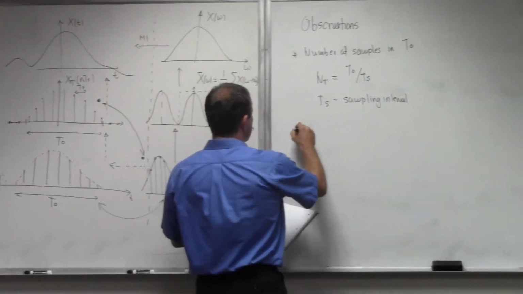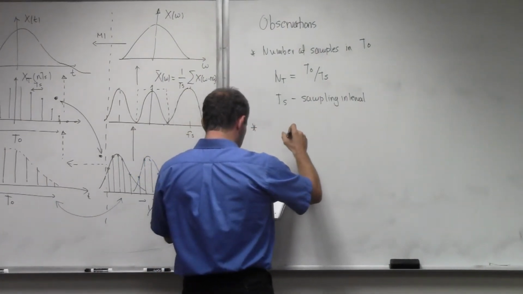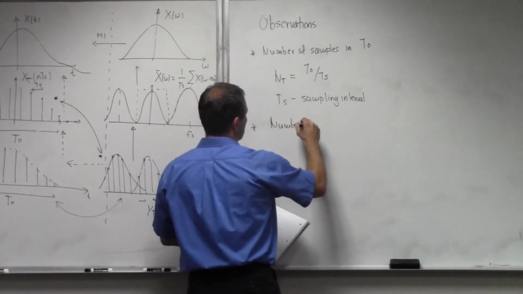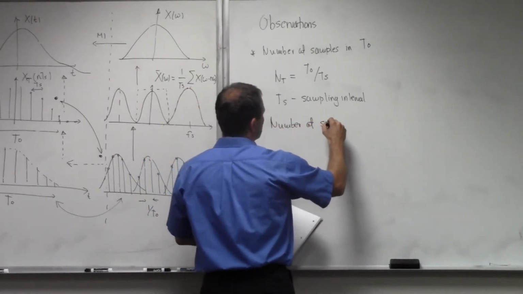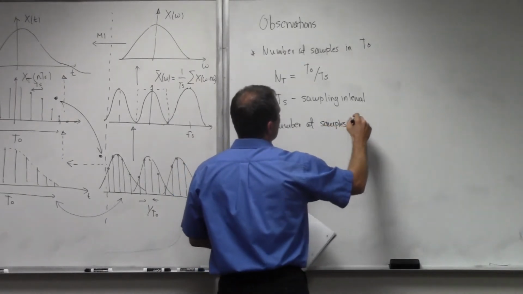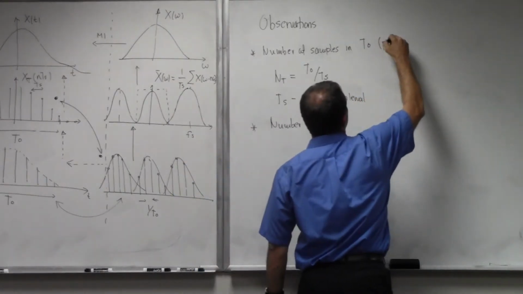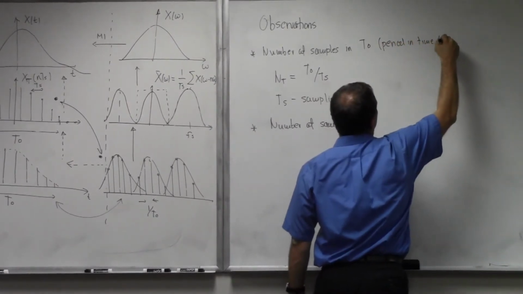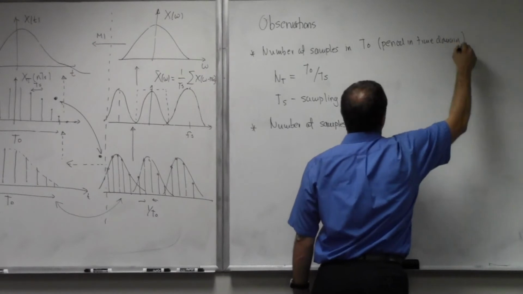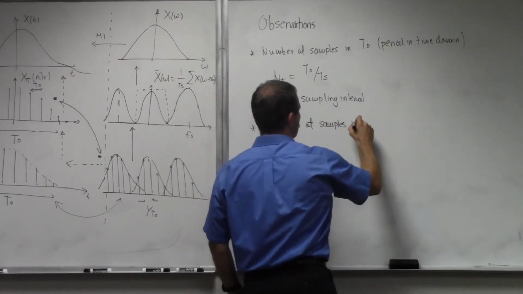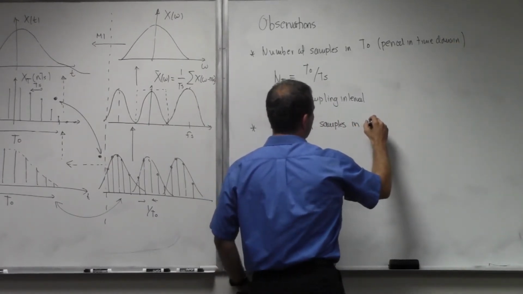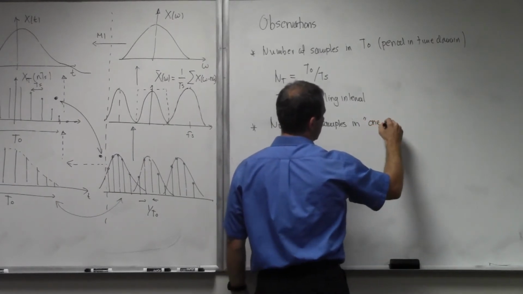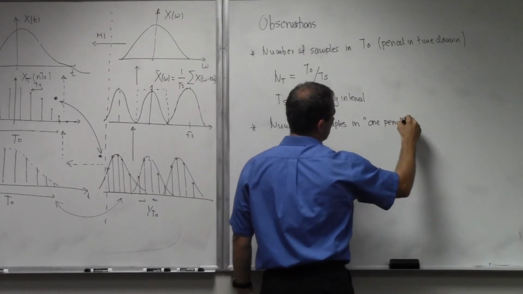The second observation is the number of samples in T0, which is the period in the time domain, versus the number of samples in one period in the frequency domain.